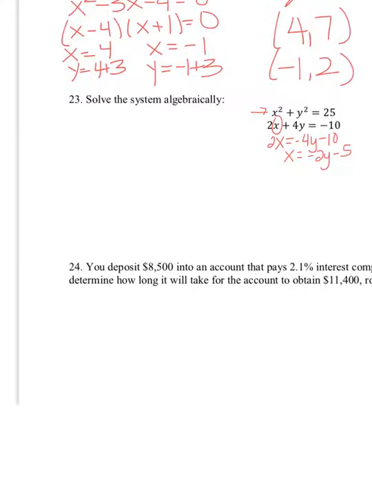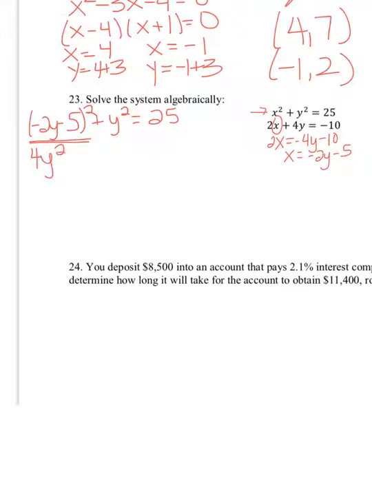So when I plug that in, I have x squared, so -2y minus 5 squared plus y squared is equal to 25. So be careful with this, because this is always a big problem. You have to double distribute this.